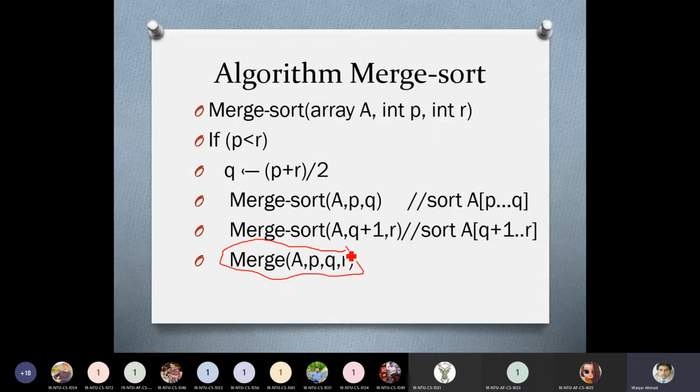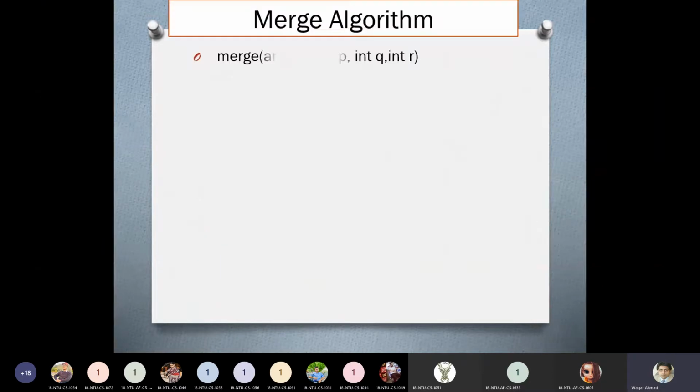In merge, we take two subarrays and combine them into a single subarray. These two subarrays are already sorted. We just merge them into a single subarray. This is the merge algorithm.